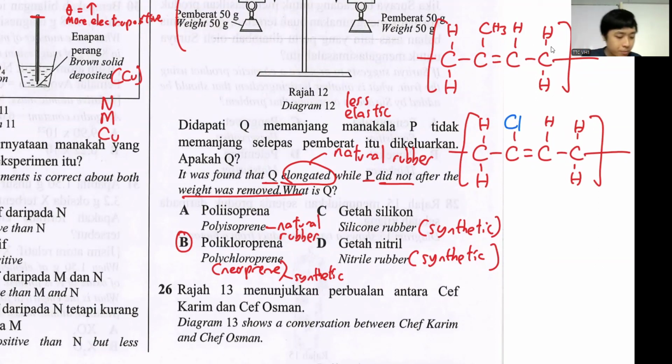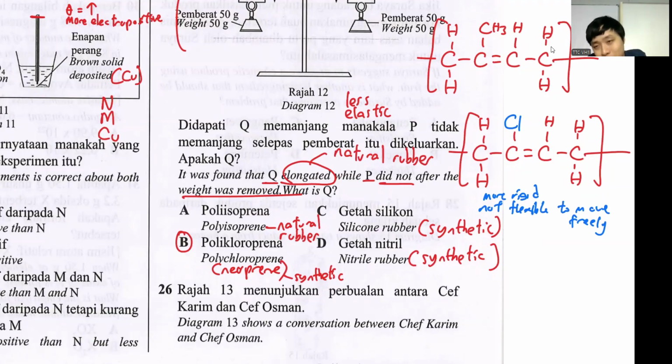So apparently, when you attach chlorine, chlorine makes the rubber more rigid, sorry, more rigid means not flexible enough to move freely.